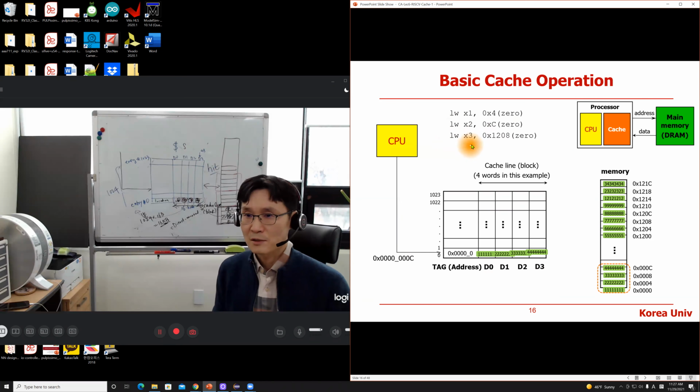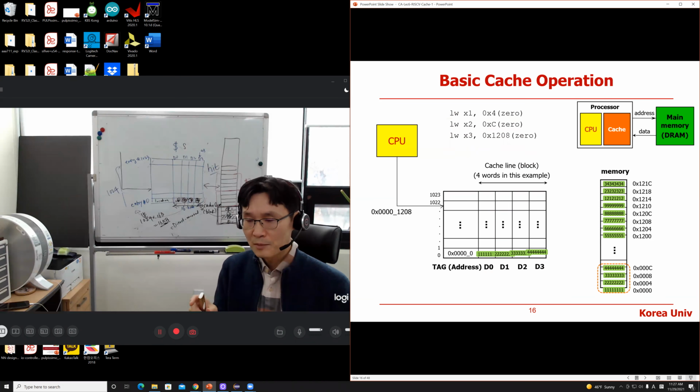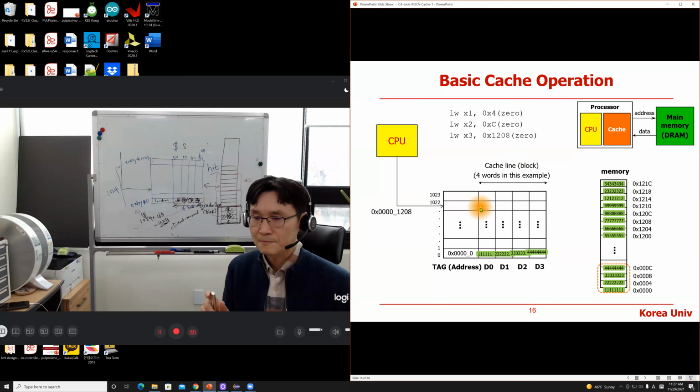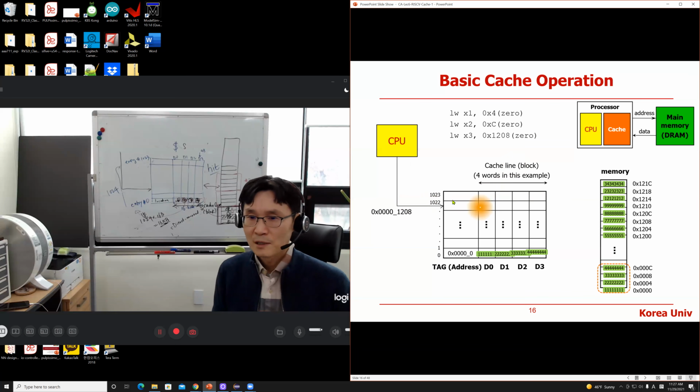So the last instruction. Read from location 1208. Then look up and select one specific cache entry. I'll explain why it selects that cache entry later on. So assume that this cache entry is selected, then it is not holding anything. So we have a cache miss. Then what should happen?